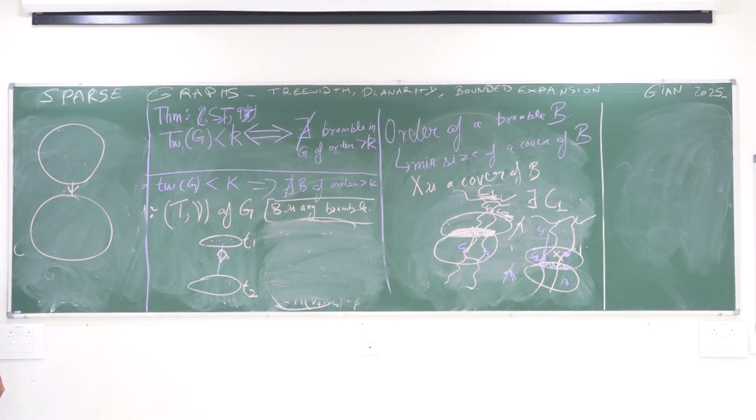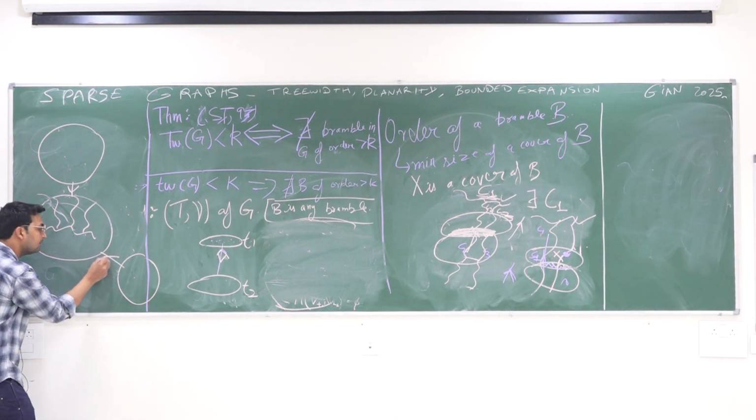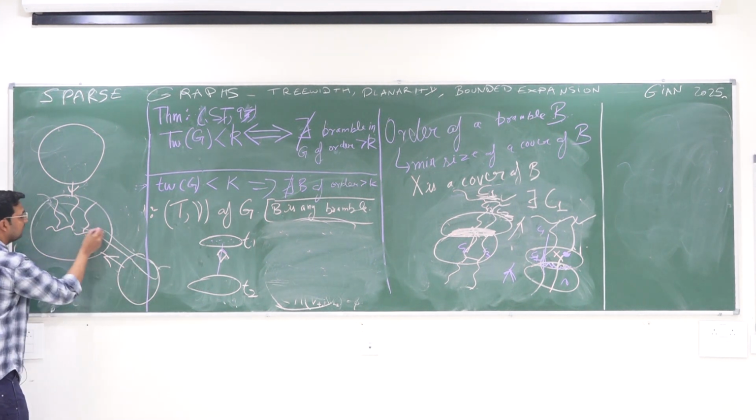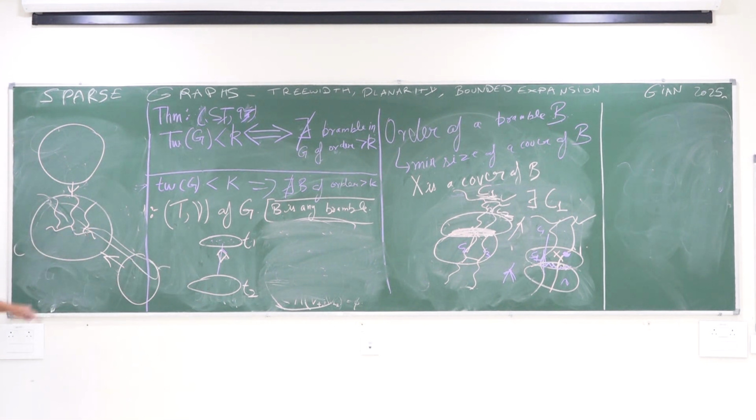The reason I oriented is because I am saying there is a bramble component that lies completely in this direction, and since everybody touches it, everybody is here. Let's say I am also coming from this direction, and here also at least one component lies towards here, and since everybody intersects, they might be coming from anywhere, somehow they reach here as well. And it can happen from all directions.